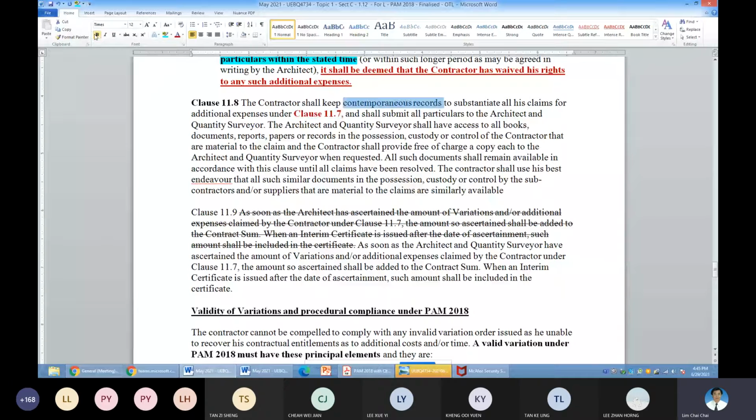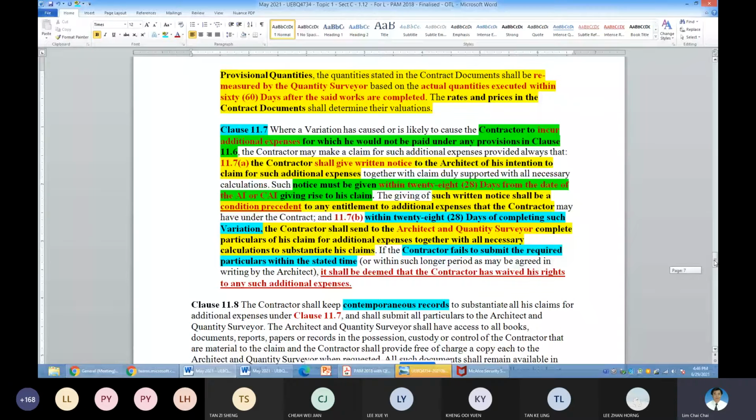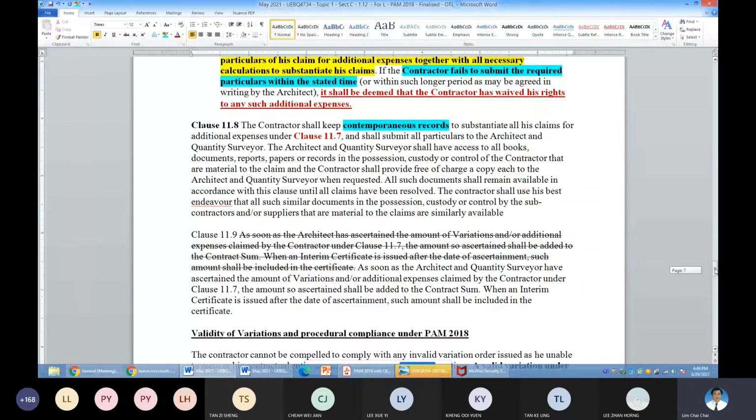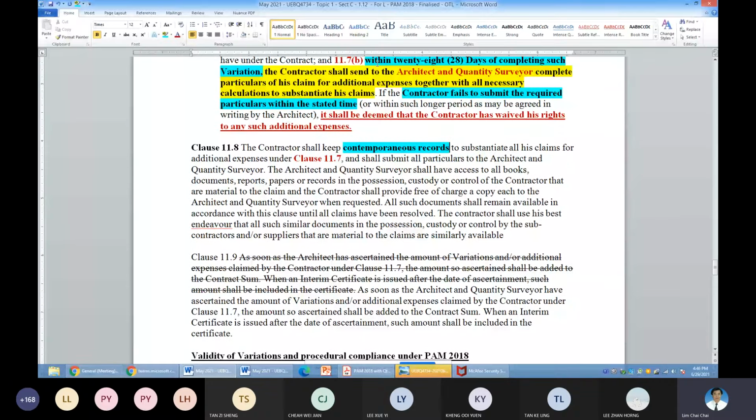It means that the record must be timely. What is timely? Because the rule here is usually you need to submit all your records in a timely manner. So the timely manner is stated here. Within 28 days of everything completed, you have to submit everything to support. Or sometimes you may submit earlier.